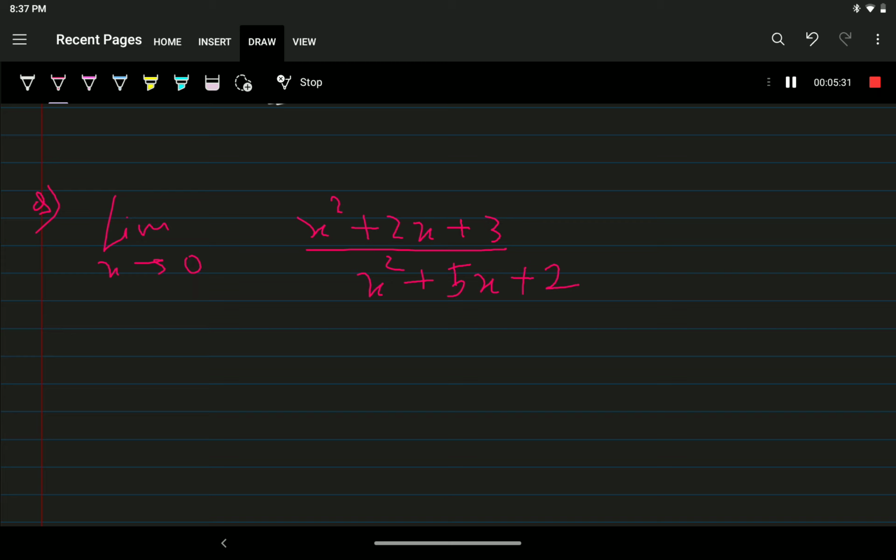Now guys, in this type of question, you need to first check whether it is a 0 by 0 format or infinity by infinity format. After putting 0, we see it is not following 0 by 0 or infinity by infinity. Then we will simply put the value of x and get the answer.